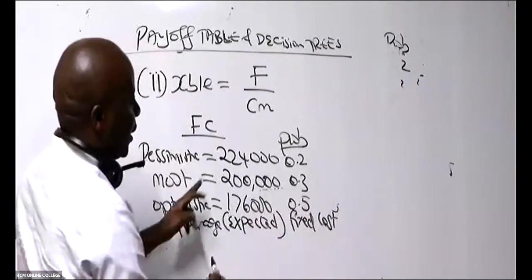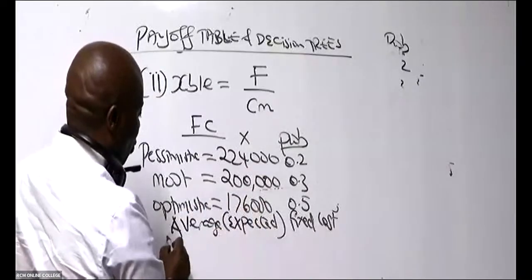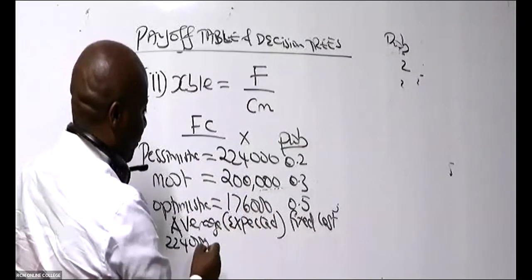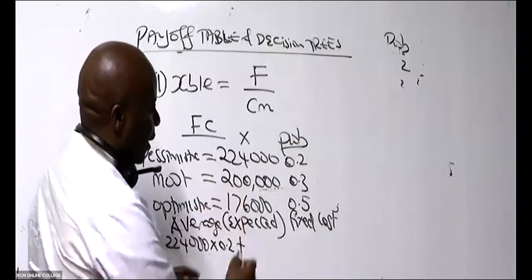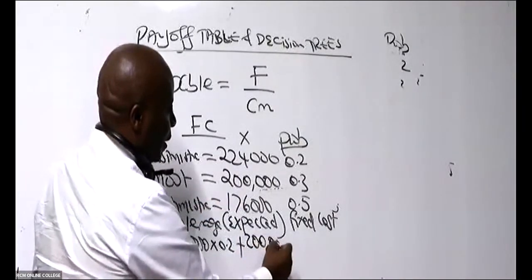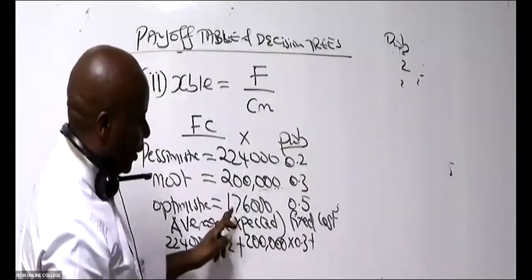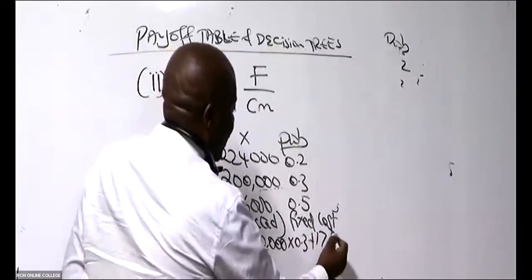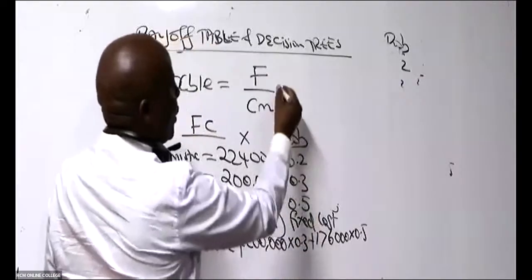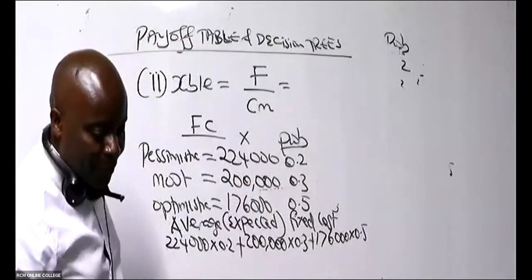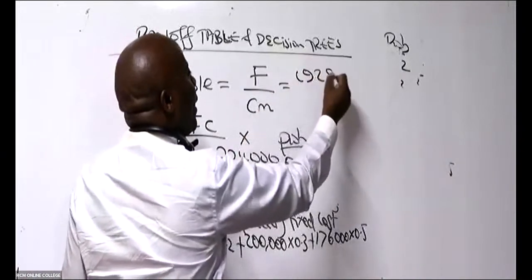How do we get this? It is XP, X times probability. So we have 224,000 times 0.2, plus 200,000 times 0.3, plus 176,000 times 0.5, which ends up giving us the expected fixed cost of 192,800. So up to here, are we together?